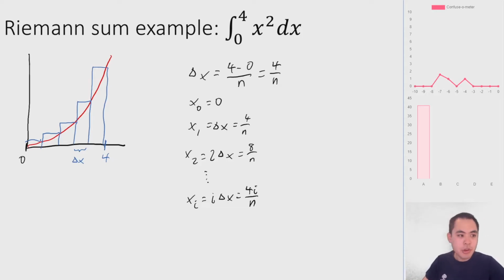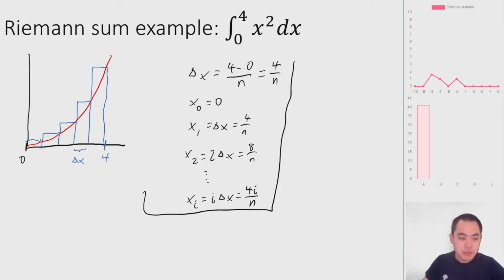Okay, so once we have all that, let me put this in a box because we're going to write to the side of it. Let's say our function f of x is equal to x squared. Then we have the sum from 1 to n of f of xi times delta x. That's the definition.